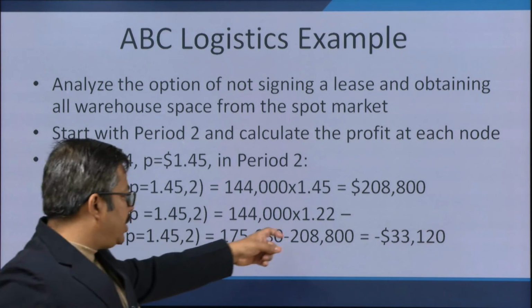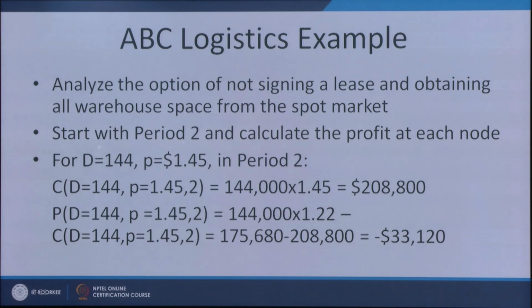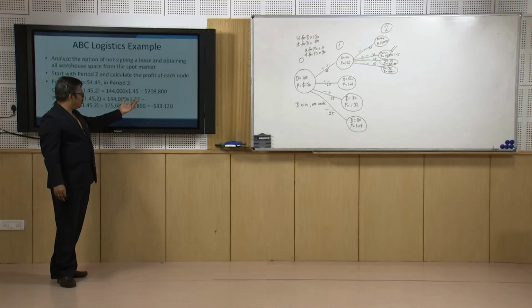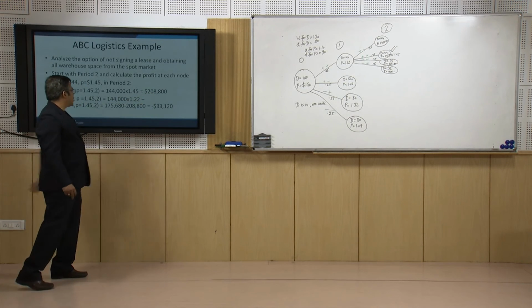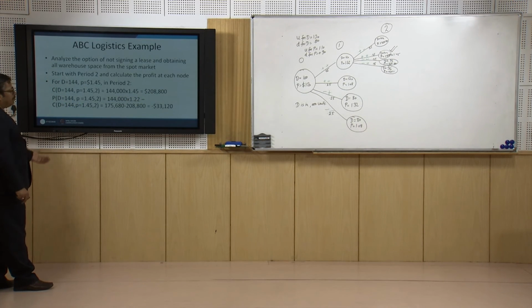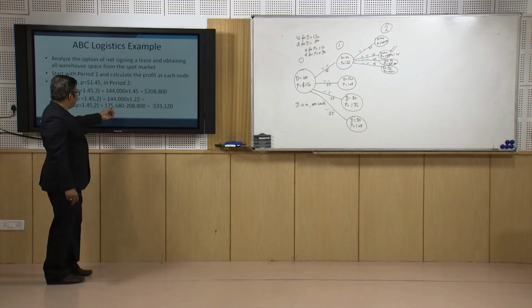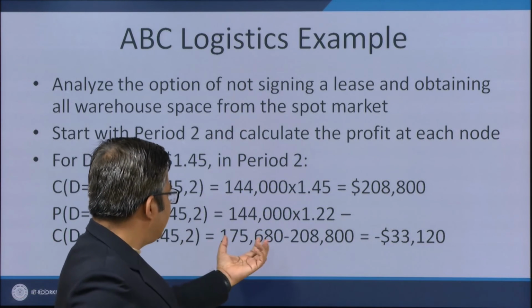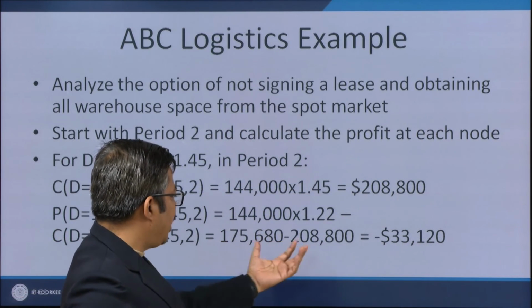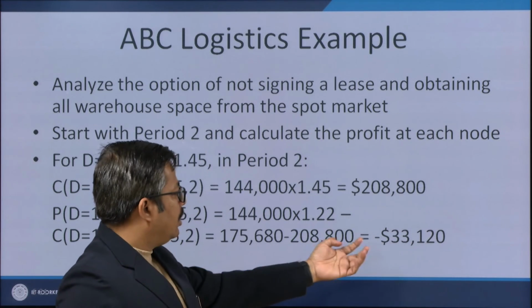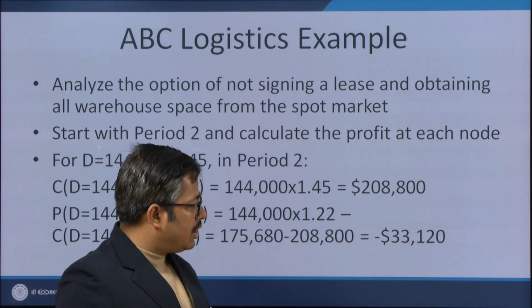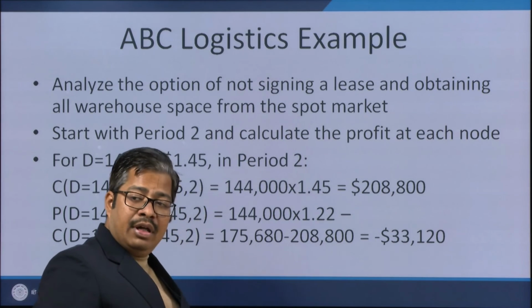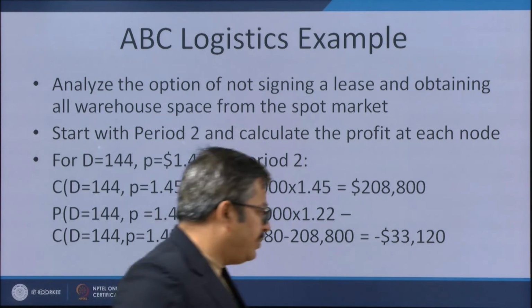So, 144,000 into 1.22, that is my revenue, and when I subtract cost from the revenue, so 144,000 into 1.22 minus this cost, that will become my profit. So, 175,680 minus 208,800, this is $33,120 negative.